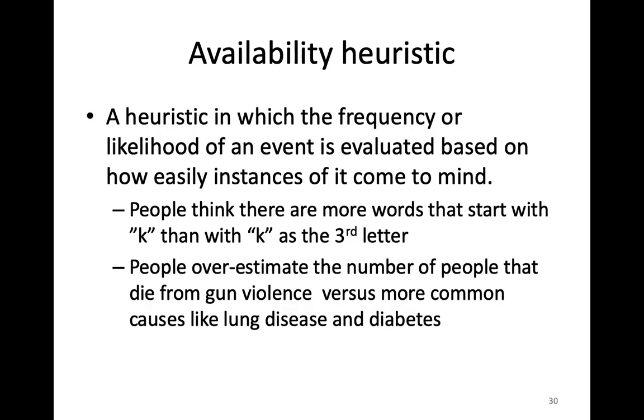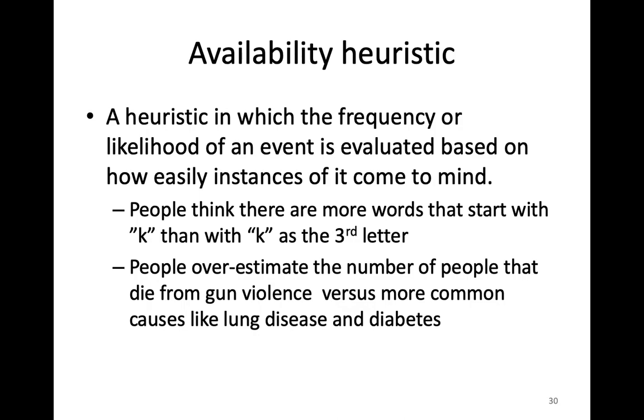Similarly, people overestimate the number of people that die from gun violence versus more common causes like lung disease, diabetes, or pneumonia. Why is this the case? Think about what you see on the evening news or what makes headlines. We often, unfortunately, see news about violent crime, and we don't often hear that people die of more mundane causes like diabetes or pneumonia.